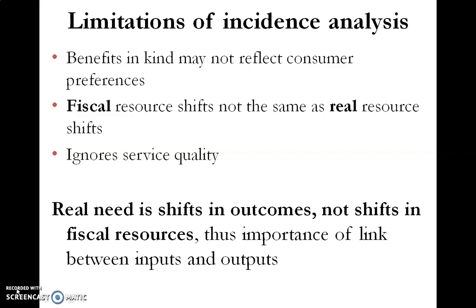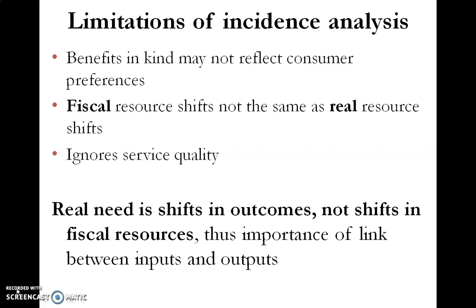Probably the most important limitation of incidence analysis is that it ignores service quality. So what the true need is, is for shifts in outcomes, not merely shifts in fiscal resources. We can keep reallocating our budget, but if that doesn't translate into improvements in the outcomes, then what benefit is it?